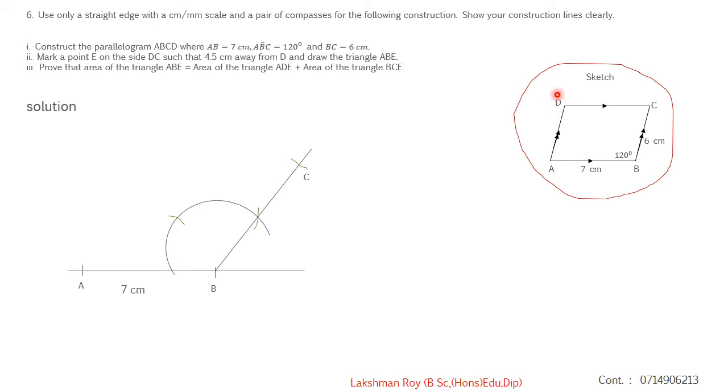So now I am going to construct a parallel line to BC, right? For that I'll copy this angle, you can see here. So keep the point of the pair of compasses at point B, draw an arc, take the same length, keep the point at A and draw the arc, right?